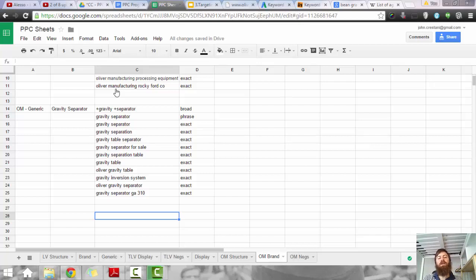Maybe people are looking for Cimbria GA310 parts, or replacement, etc. And if we show up in front of their face and say, instead of the Cimbria GA310, consider the Oliver gravity separator device instead, that might be a lead into a potentially very large deal. So we definitely want to do that extra due diligence, find out what those terms are.